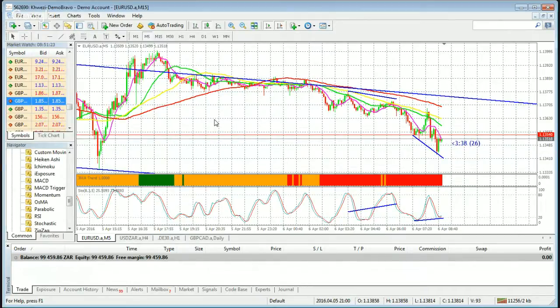Okay, this might be the one. Still got 3.5 minutes and still a lot of time for that candle to do anything.